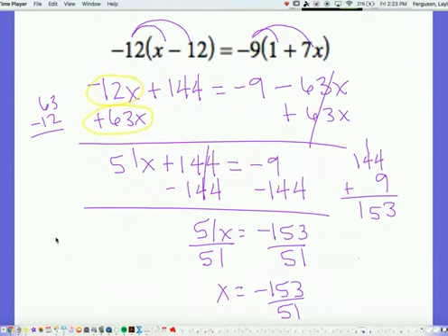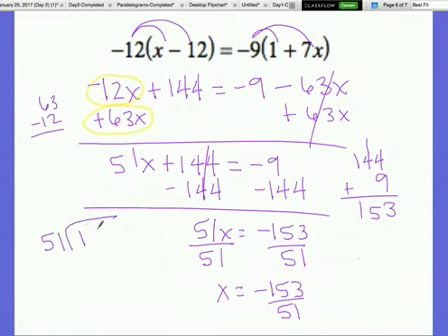Then I would need to see how many times 51 will go into 153. I can guess that 51 is going to go into 153 probably 3 times.